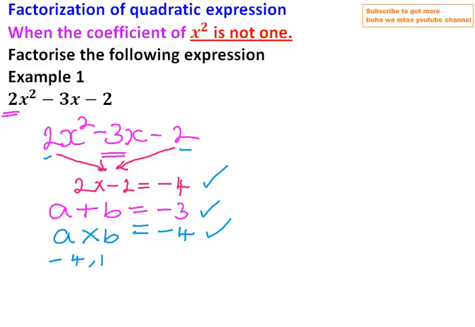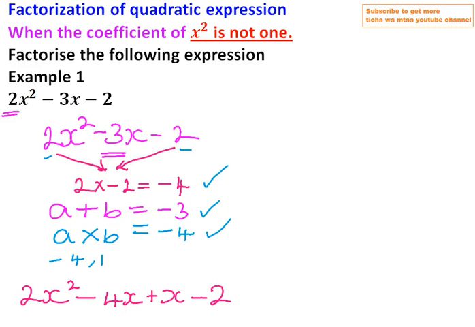From there, we now rewrite our expression like this. We have 2x squared, and instead of minus 3x, we now write minus 4x plus x, which is the same as minus 3x. And then we add our constant, so we subtract 2.